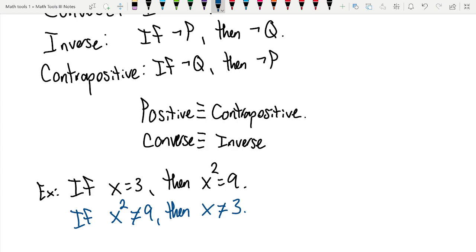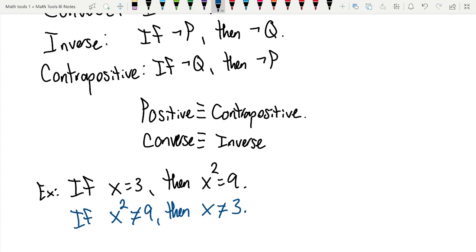So we can hopefully see why these would be the same. If the first one is true, then the second one is also true, and vice versa. If x squared is not 9, then x cannot be 3, because if x was 3, then x squared would be 9, right? So they're just kind of saying the same thing.